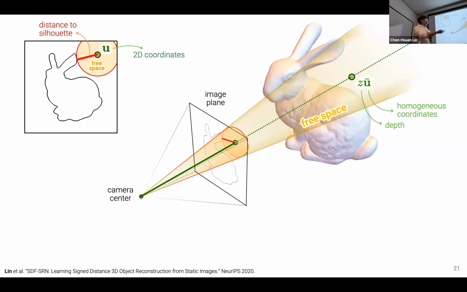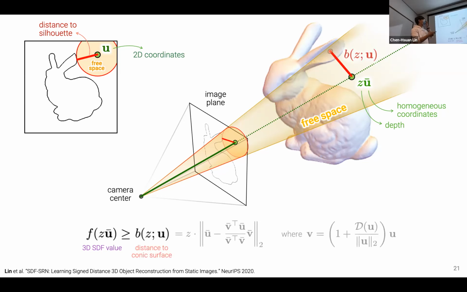Given that we have this pixel coordinate u and also the 3D point here, we can write a relationship for the value the 3D SDF can take on at this particular point, as a function which is basically the distance to the conic surface. This has a deterministic expression, which we just express as a function B. But the point here is that this is always going to be bounded, so this can serve as a lower bound on the SDF value it can take on.